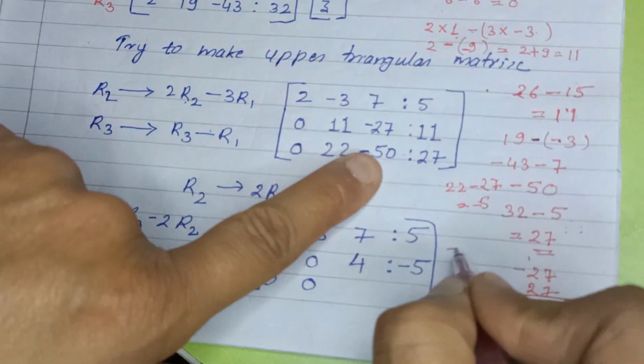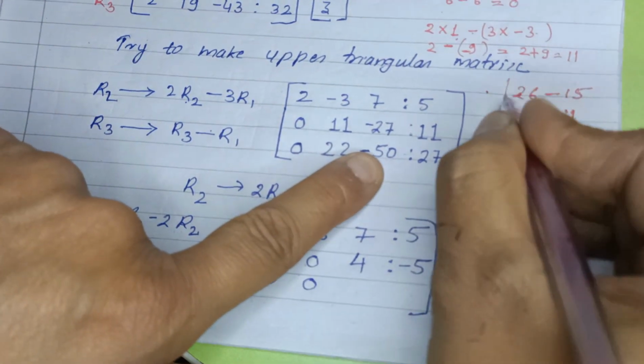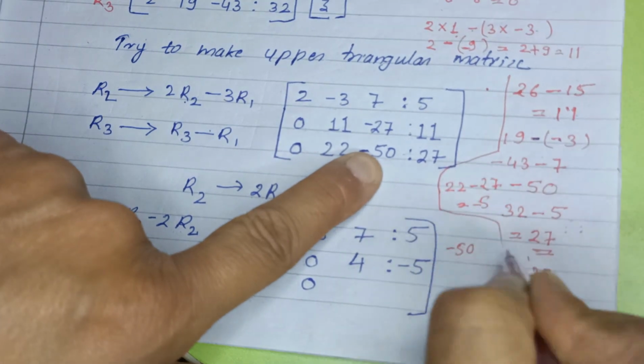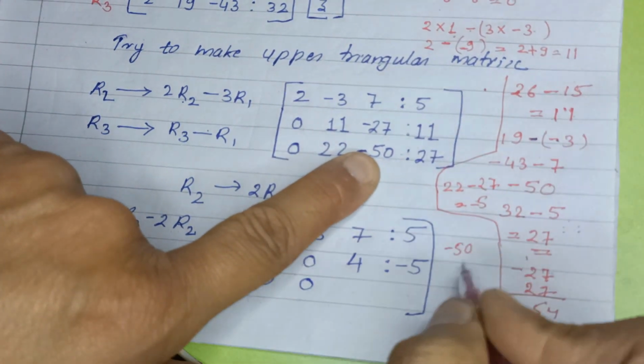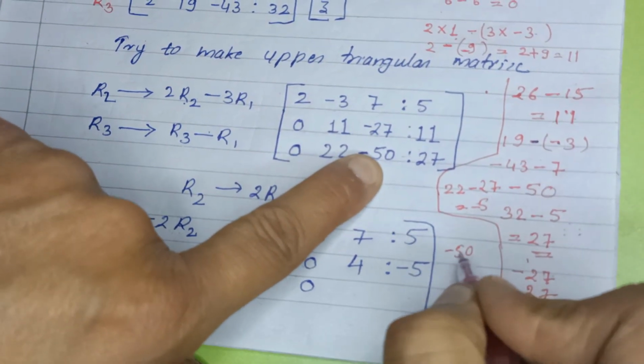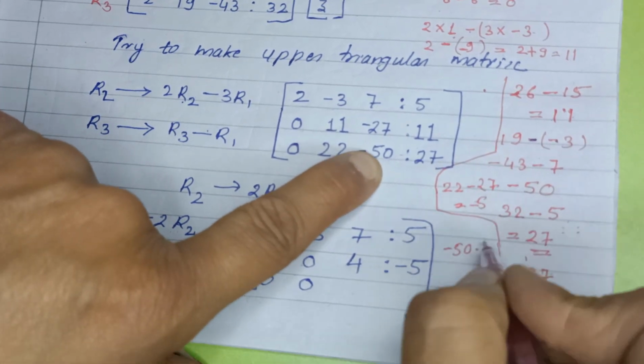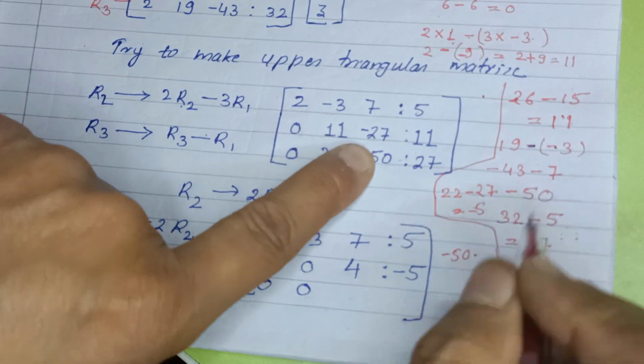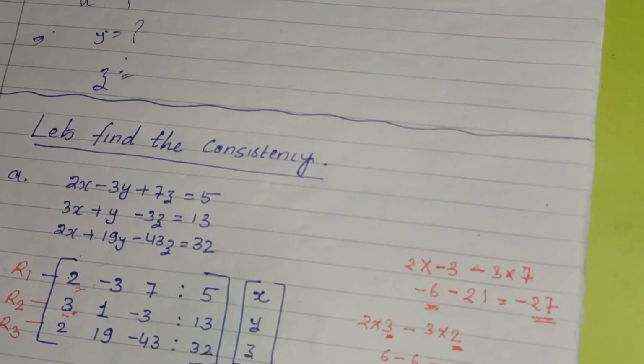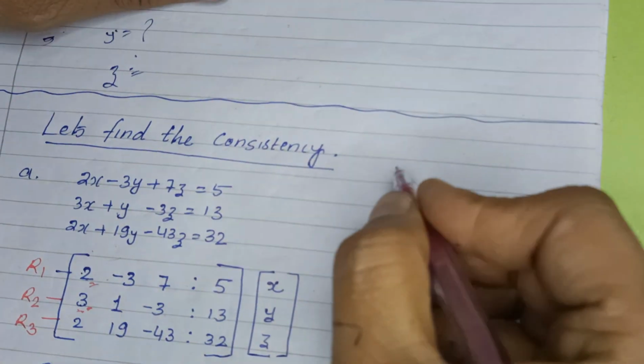Now here minus 50. Let me make this zone clear, because it might be confusing. I'm doing rough work over here. Minus 50 minus, both have minus, so let me do it somewhere else so that it will be clearer.